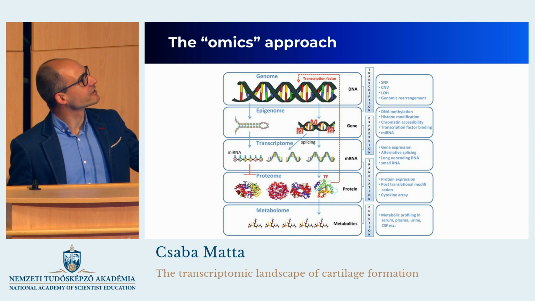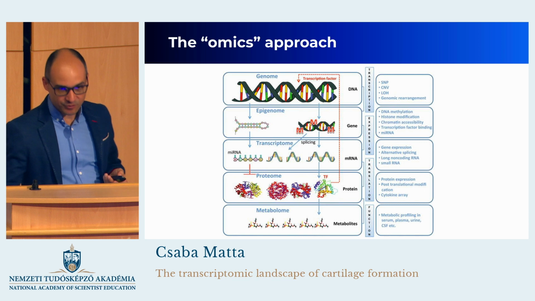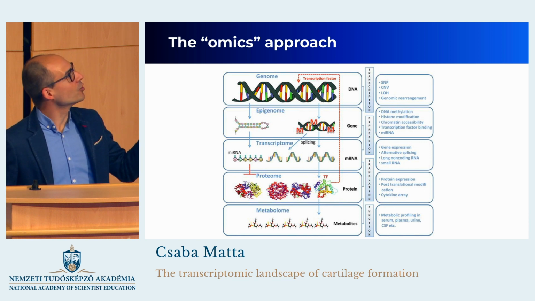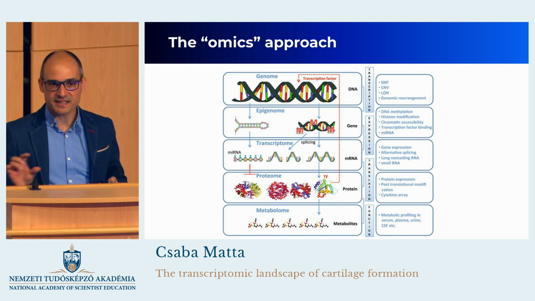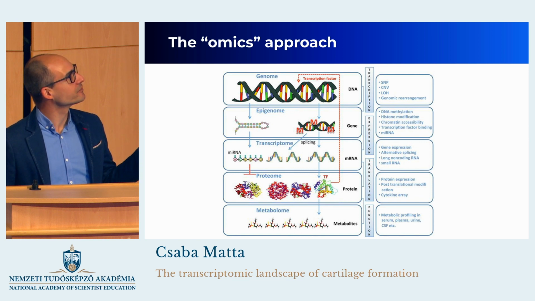This is known as genomics. You can check whether there are any mutations or chromosomal abnormalities associated with the disease. Or you can look at the epigenome. This is epigenetics. There are modifications on certain DNA sequences or histone proteins, and this is going to affect DNA or gene expression.